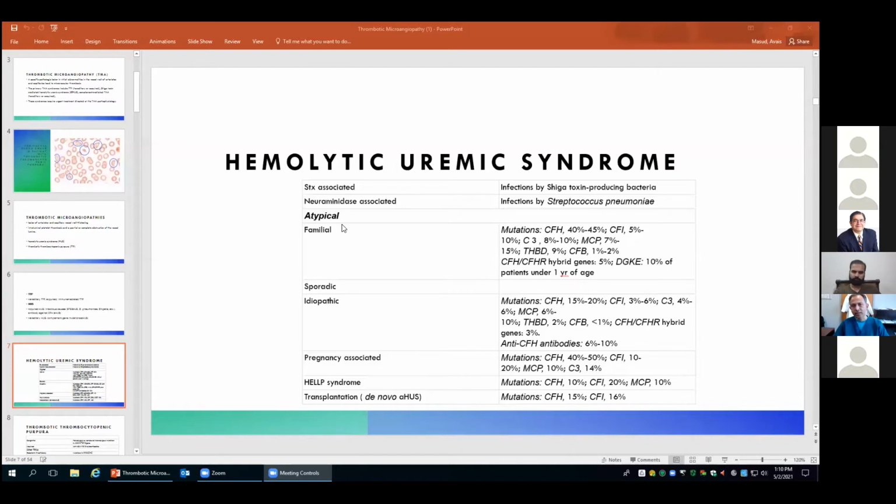And atypical hemolytic uremic syndrome, familial, has a mutation of the many complement factors, and that can cause uncontrolled activation of complement that causes atypical HUS.